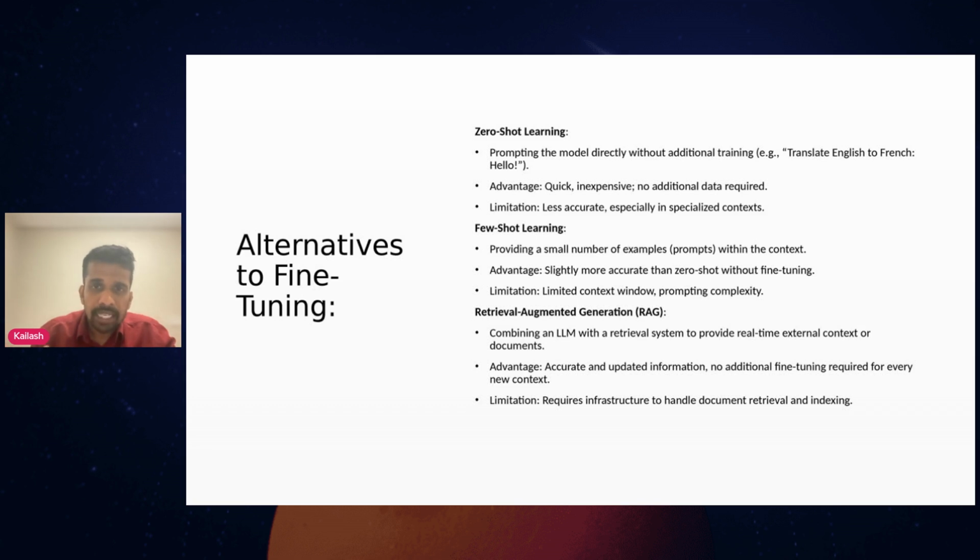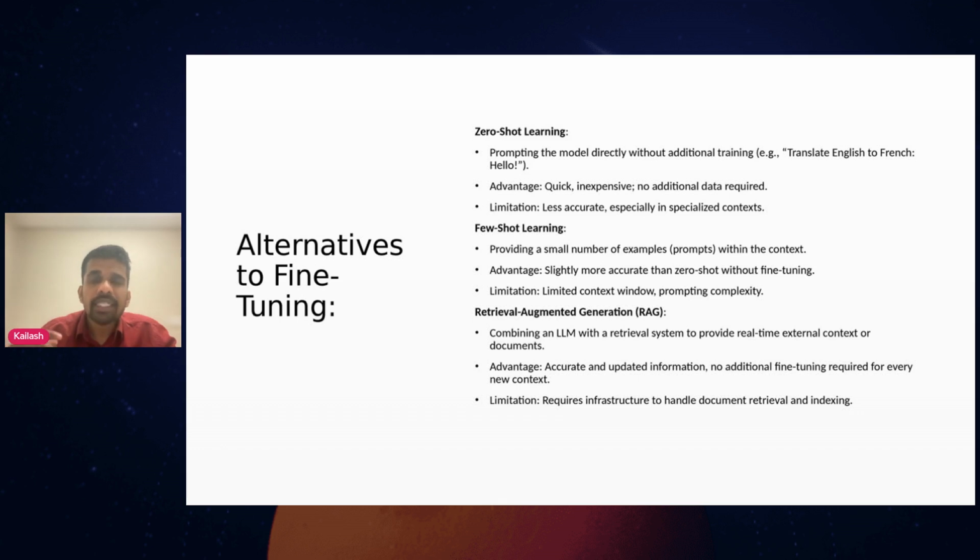So wherever the pre-trained model performs well without fine tuning, you can go for it. The next one is few shot learning. As part of your prompt, you can provide examples so that the model can understand how to respond to the user queries. For example, you can say, classify this category, and then give a sentence and its specific category.